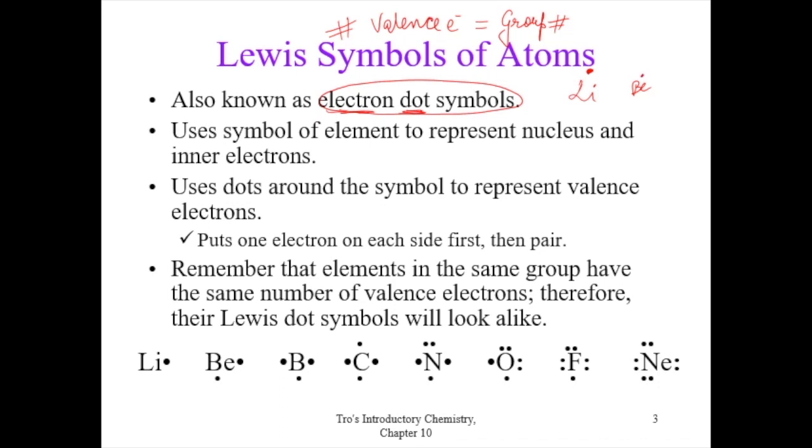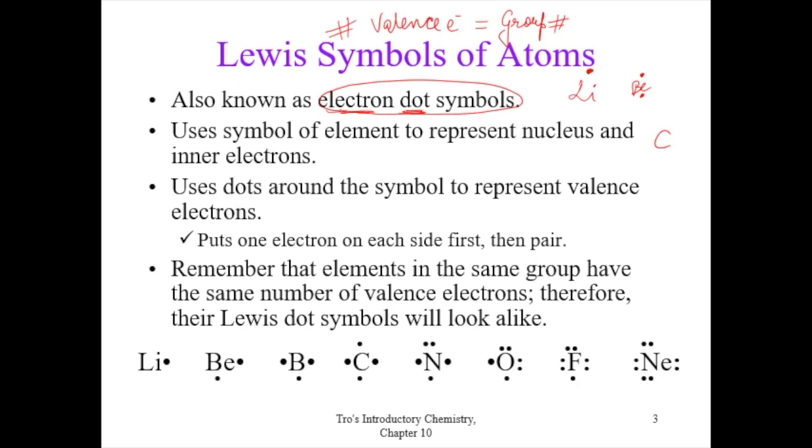Okay, 1, 2. Now a very important thing here is that whenever you're drawing the Lewis structure of an atom, you should always distribute electrons separately around the 4 sides. For instance, if I'm drawing the structure of carbon, carbon belongs to group number 4, so it has 4 valence electrons.